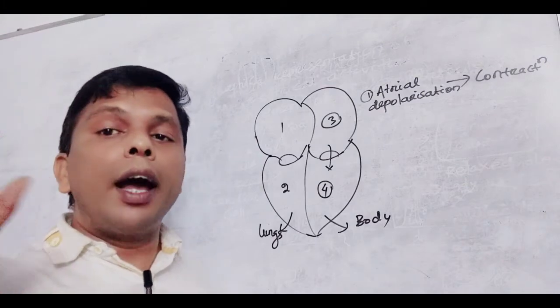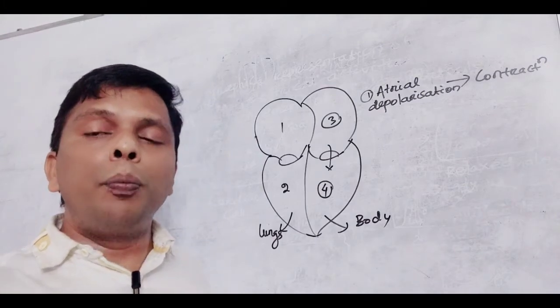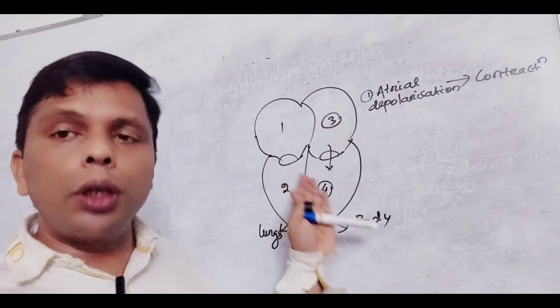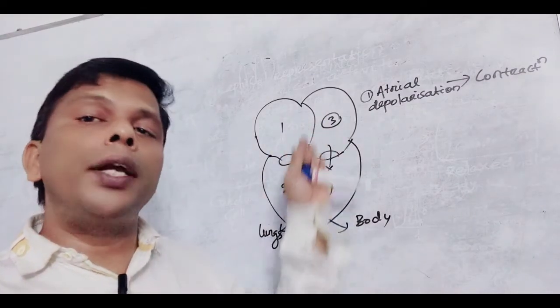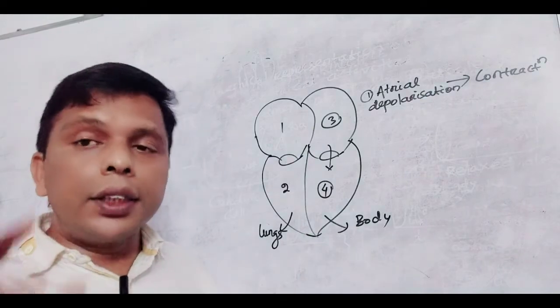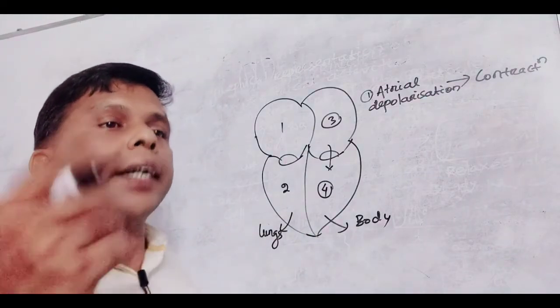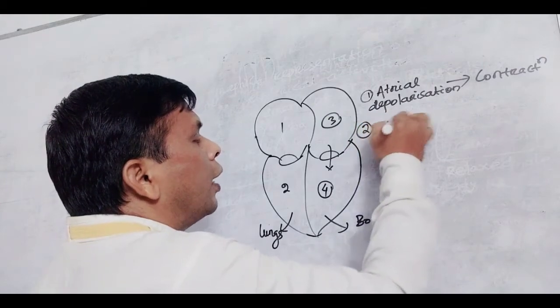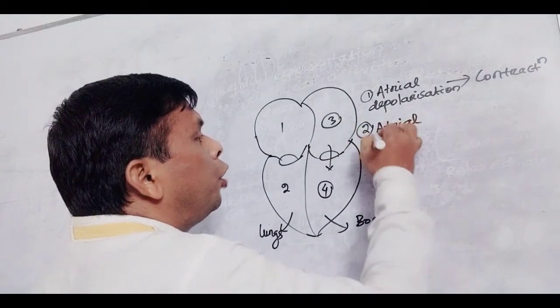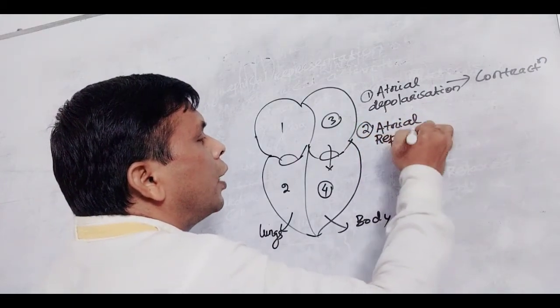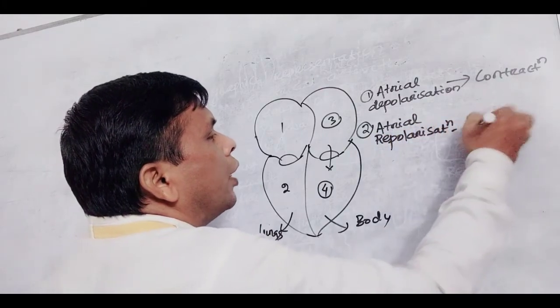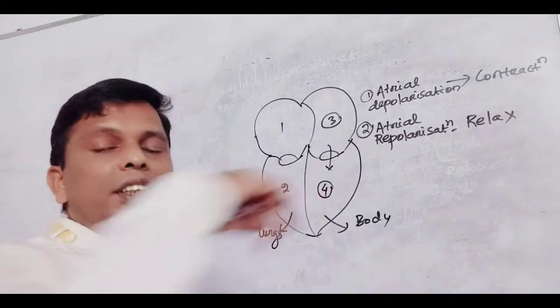Immediately after the atrium is filled with blood, the atrial contraction takes place. This is the first event. The second event is atrial repolarization. The atrium relaxes during this period.